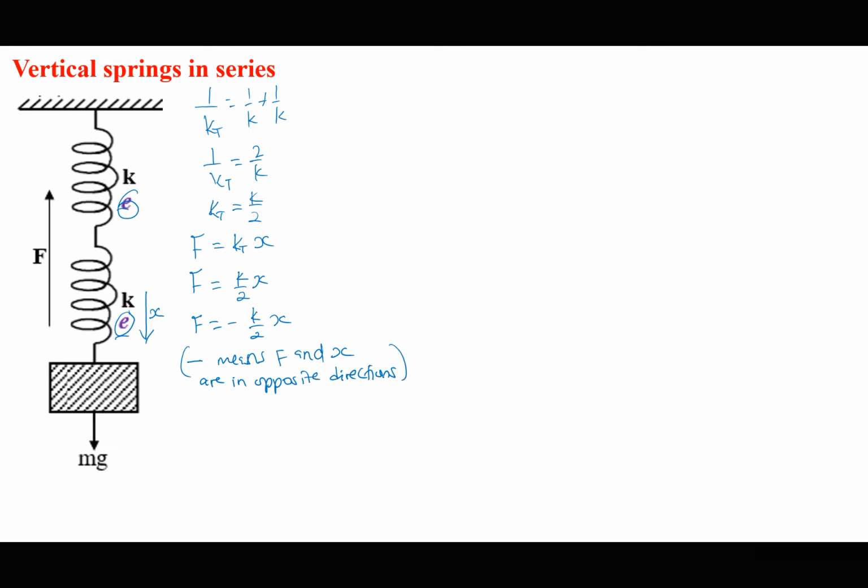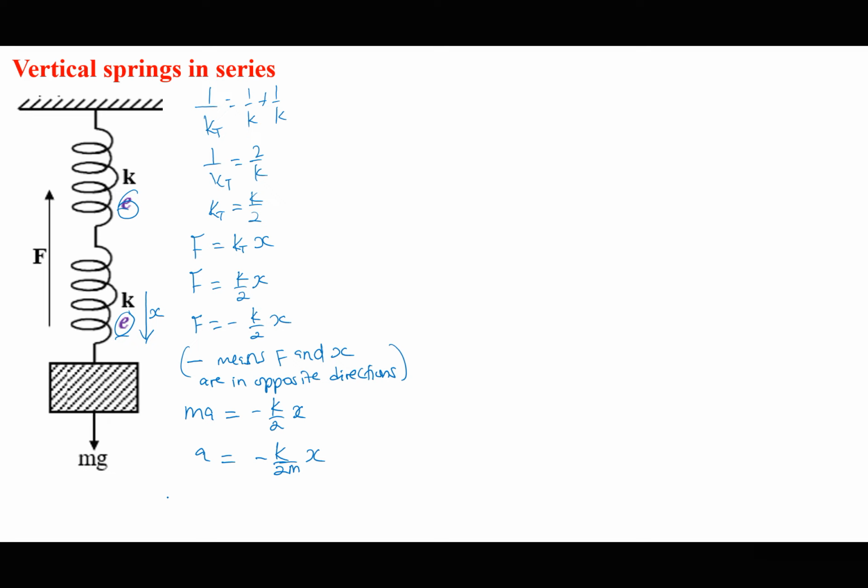Okay, so it means ma is going to be equal to negative k over 2 times x by Newton's second law. So the acceleration is going to be negative k over 2m, then times x.